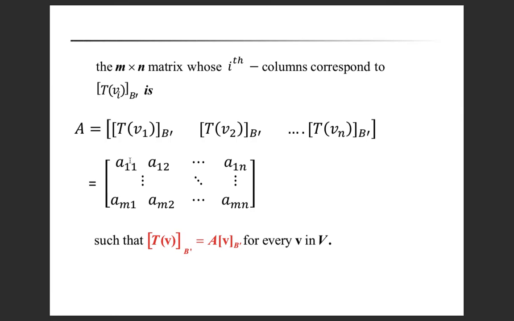So if we substitute the values, here we will have a11, a21, ..., am1, then a12, a22, ..., am2, then a1n, a2n, ..., amn, such that [T(v)]B dash is equal to A[v]B for every vector v in V.